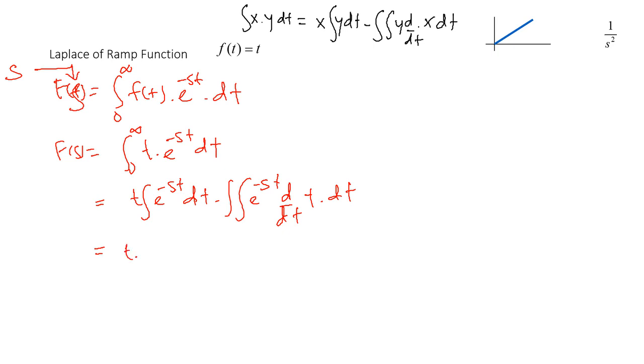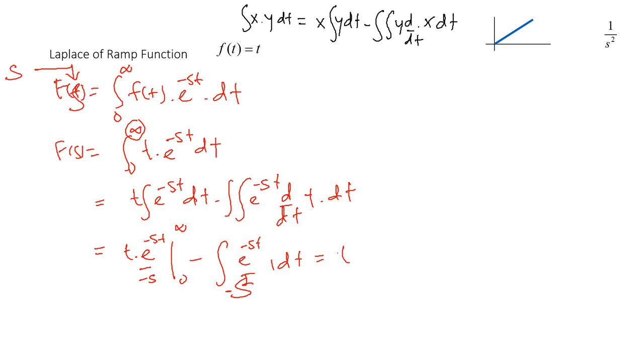So this would be t e power minus st divided by minus s, and its limit would be from 0 to infinity, as these limits say. And the next part is one integral remaining, which is e power minus st divided by minus s, and d by dt of t is 1, dt.